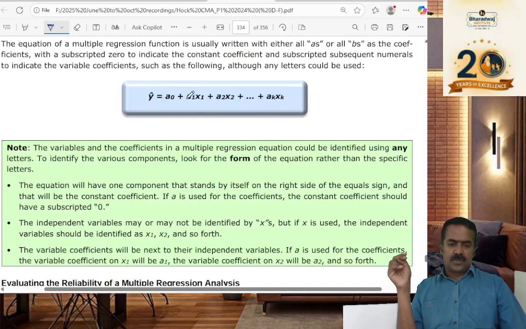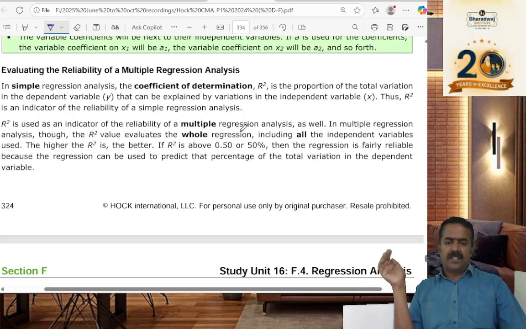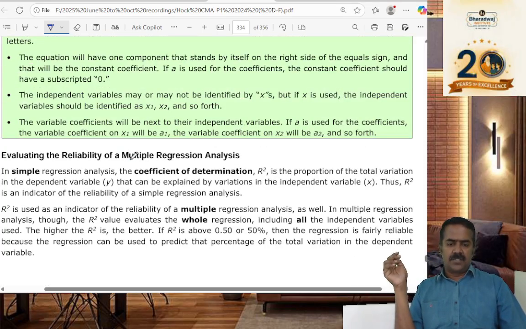Clear? So A is nothing but a constant. x1 is independent variable 1, this is independent variable 2, independent variable 3, and you can apply. That is multiple regression analysis you can use.